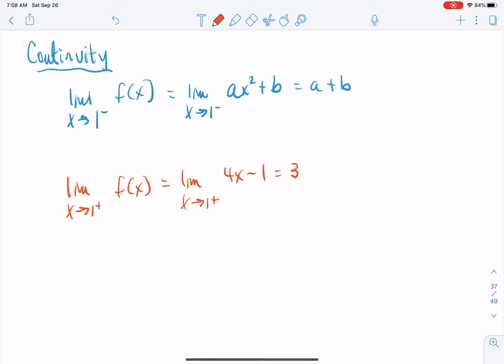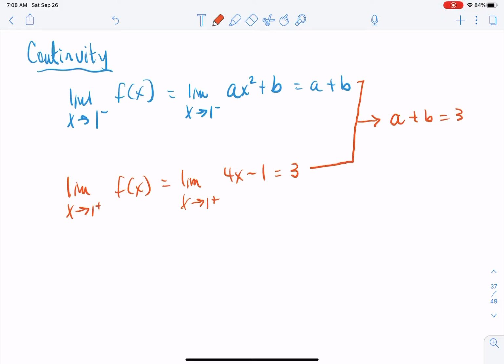Yeah, there's our 3. Okay, in order for this function to be continuous, the limit from the left and the limit from the right have to be the same. And that means that a plus b, whatever they turn out to be, have to add up to 3. Well, how many different things add up to 3? A whole bunch.